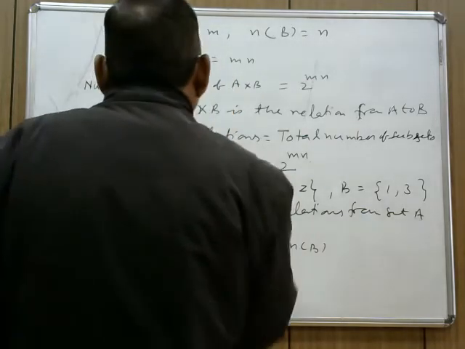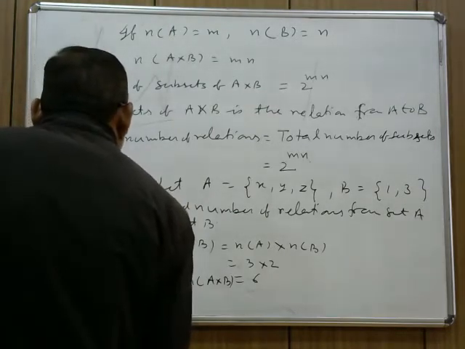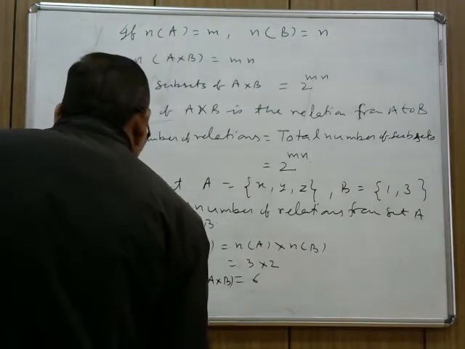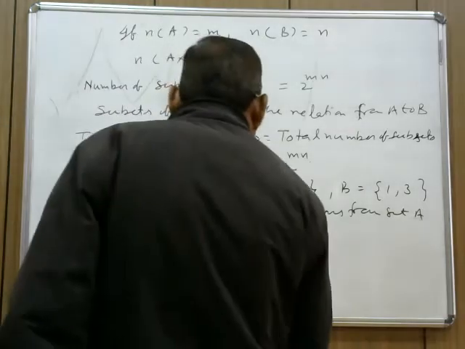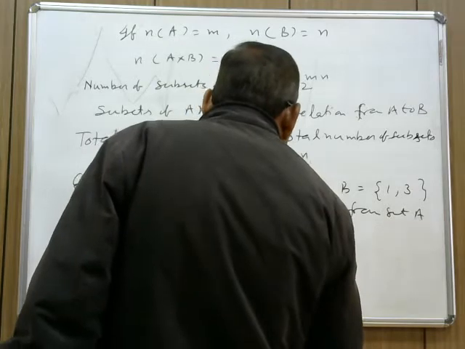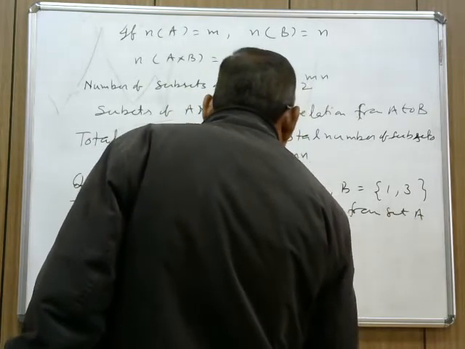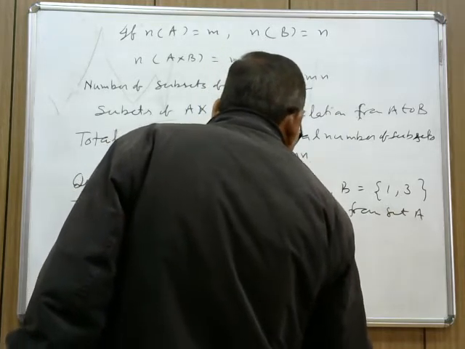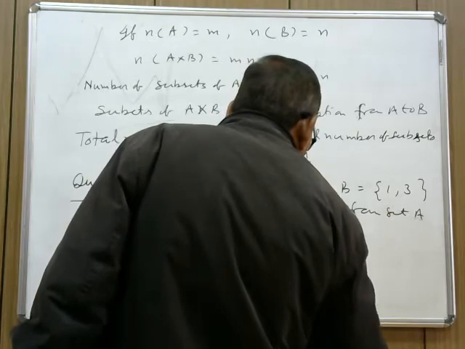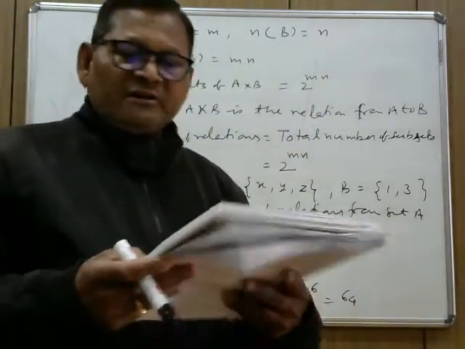So by this formula, the number of relations is equal to 2 to the power mn, that is 2 to the power 6, which is equal to 64. There are 64 relations from set A to set B.